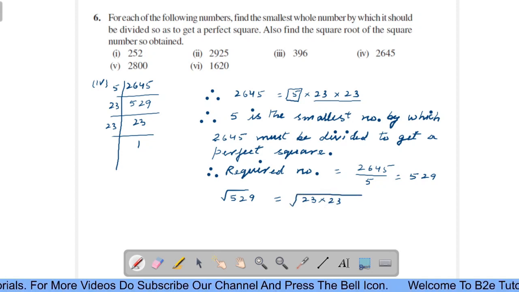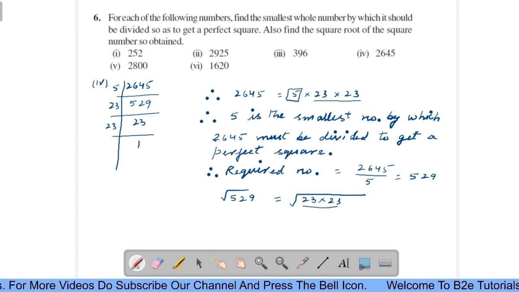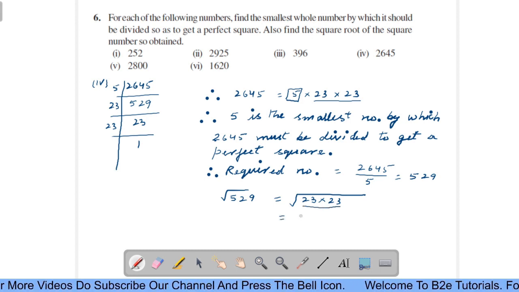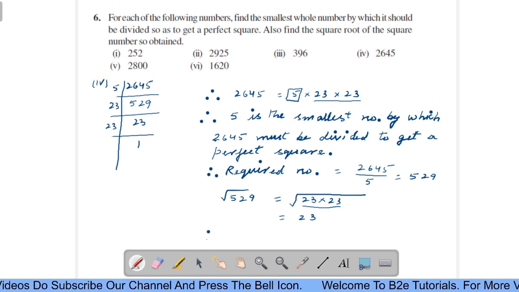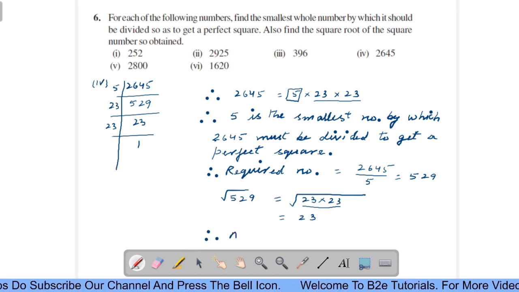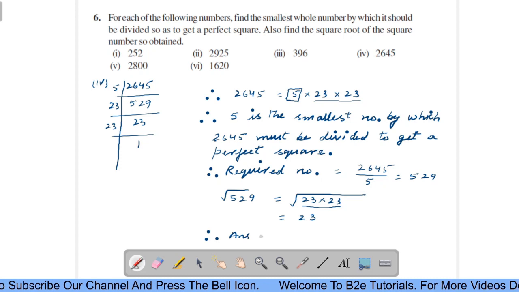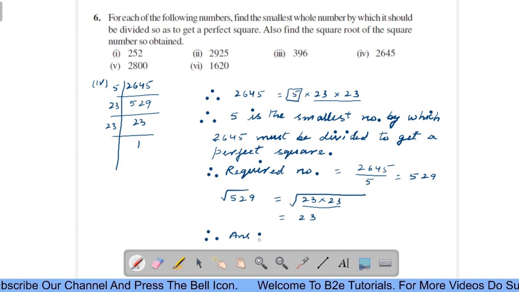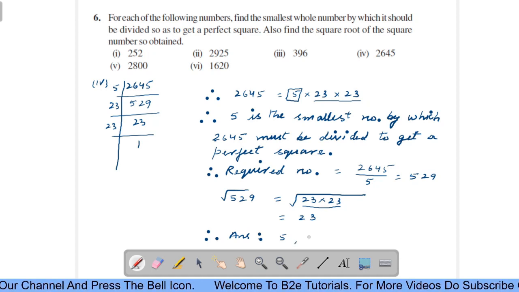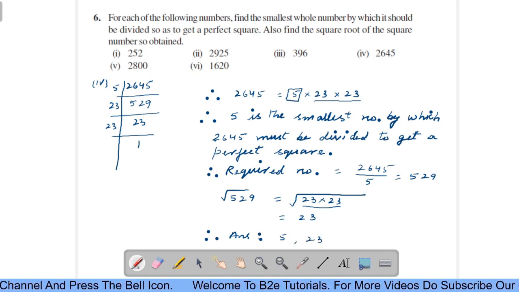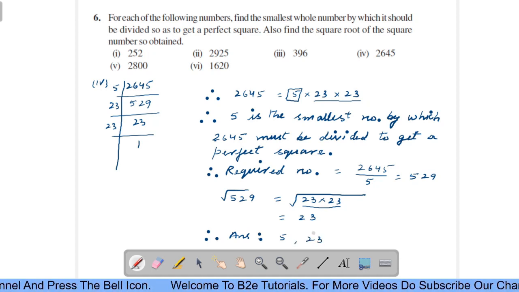Within the square root, make pairs of 2. You will get 23. Therefore your answer is 5 and 23. Now come to next.